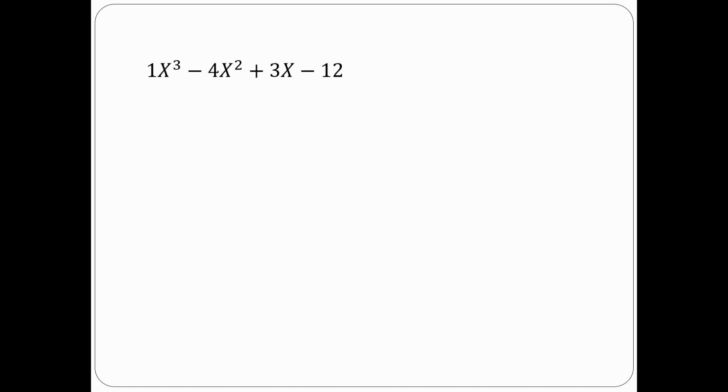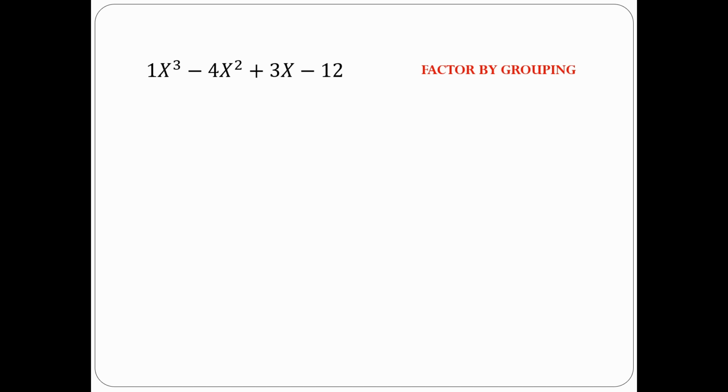Now if I take negative 12 and divide it by 3, it also gives me negative 4. When you see a polynomial where the first two coefficients have the same ratio as the last two coefficients, you can use a technique called factor by grouping.